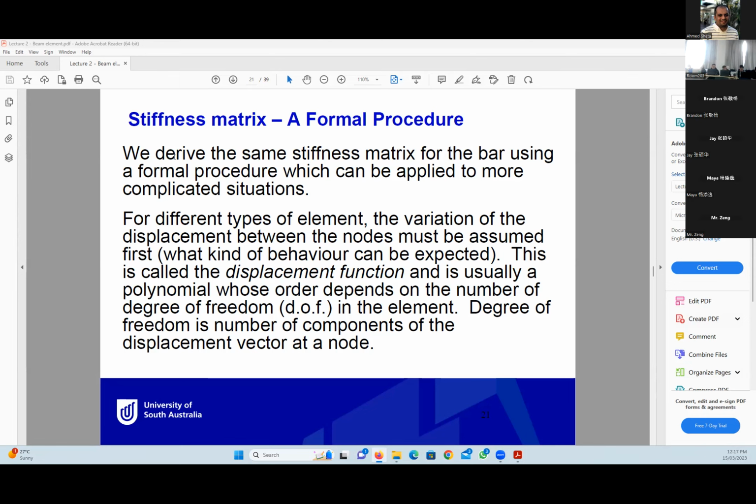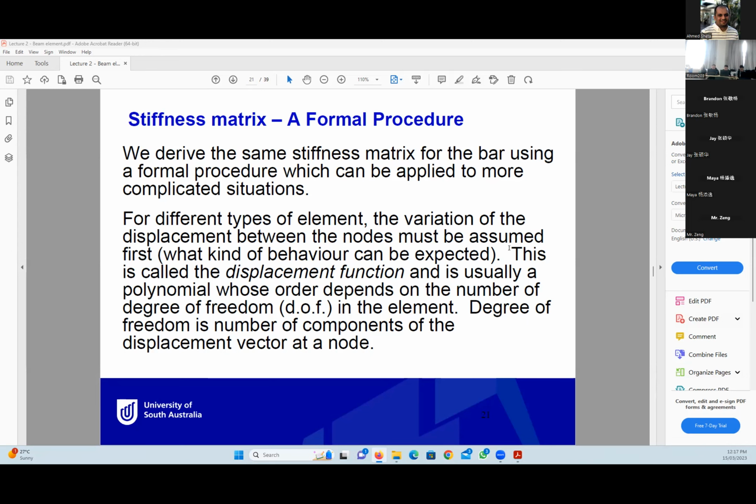So the formal procedure is to derive the same matrix as we got for the bar, but using a procedure that can be applied to any other complicated situation. For different types of element, the variation of the displacement between the nodes must be assumed first.